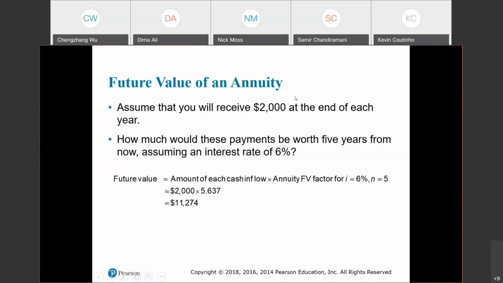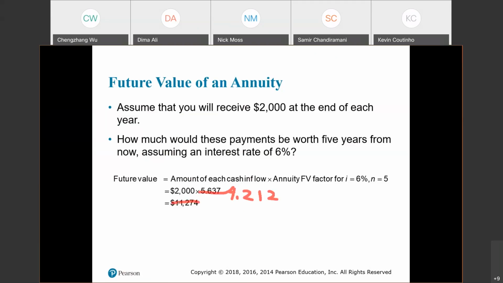Well, I believe the slide has an error. Here, instead of using 5.637, we need to use 4.212.